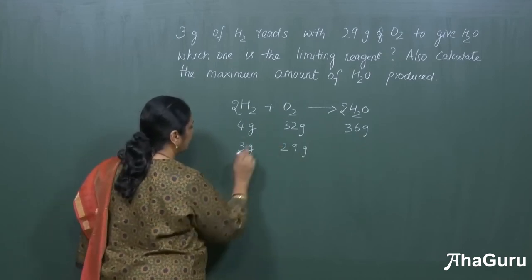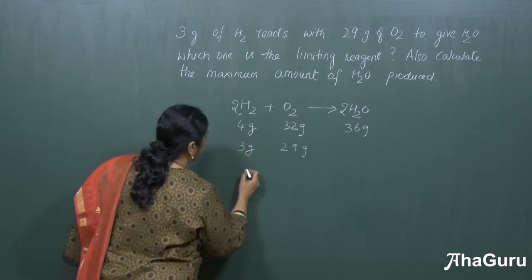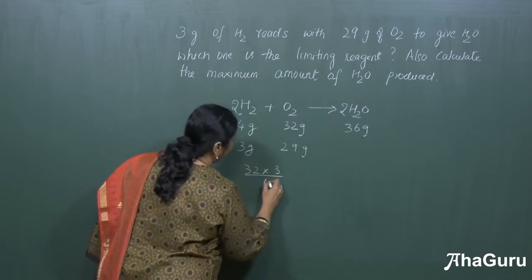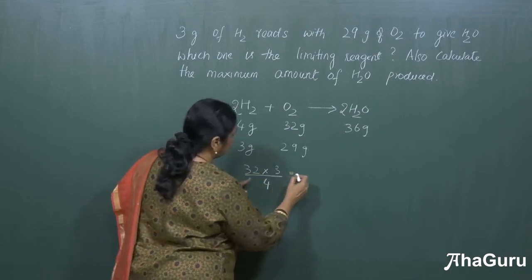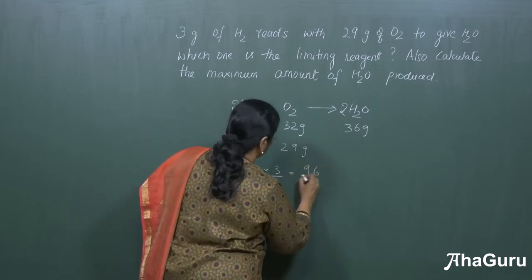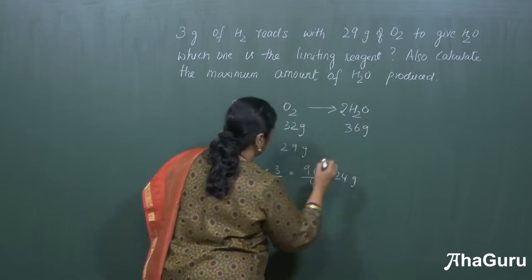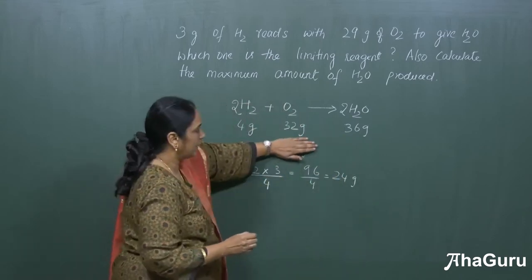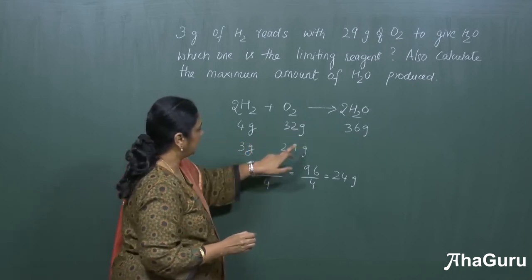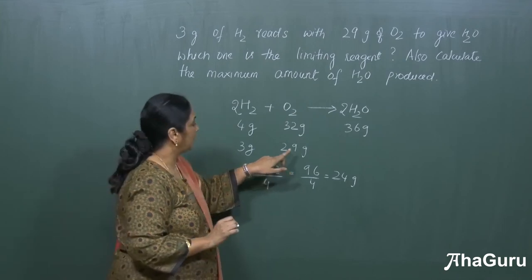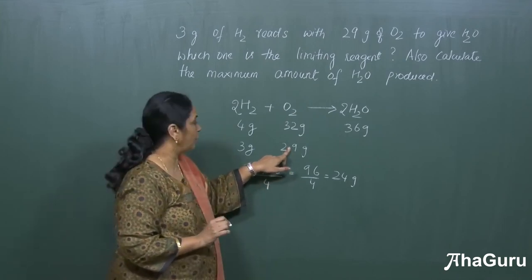So let me write here, 32 into 3 divided by 4, so this would be 96 divided by 4, that is equal to 24 grams. Using this data, I need only 24 grams of oxygen. But what is there? 29 grams of oxygen is there.